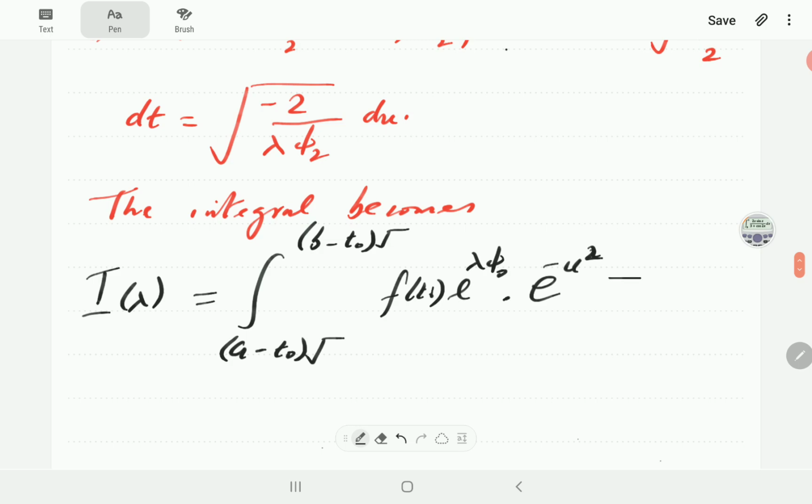Then we are going to have that square root of negative 2 over lambda phi 2 du.